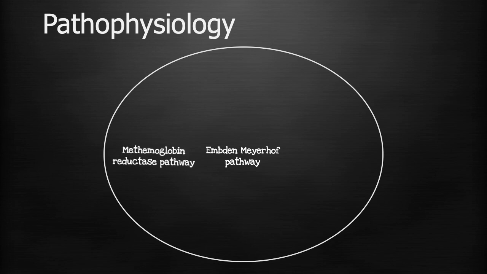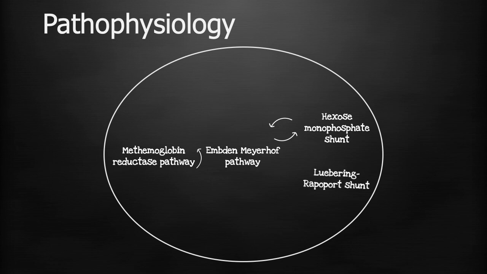And then we have the methemoglobin reductase pathway, whose key action is to maintain the hemoglobin in a reduced state for oxygen delivery. Next, we have the hexose monophosphate shunt, whose key action is to reduce harmful oxidants in the red cells. And finally, we have the Luebering-Rapoport shunt, which produces 2,3-DPG to regulate oxygen release from the hemoglobin.